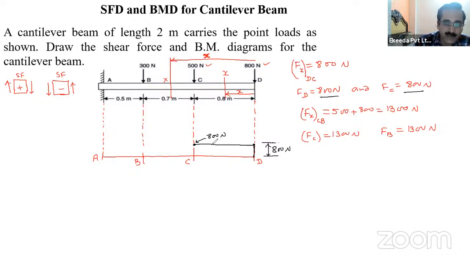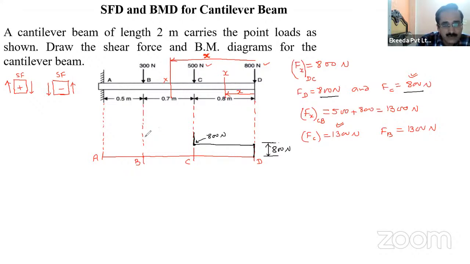So there is a jump at C point. Previously it was 800, now it is 1300. So at C point we draw the shear force jumping from 800 to 1300, meaning 500 is added up.